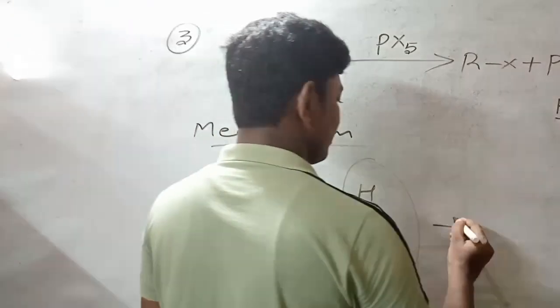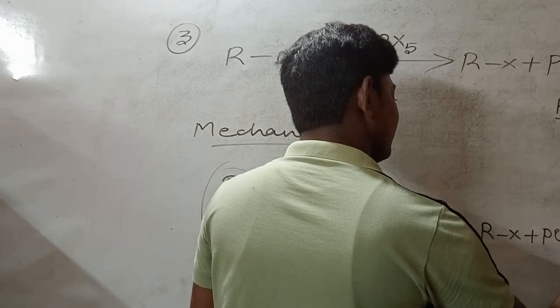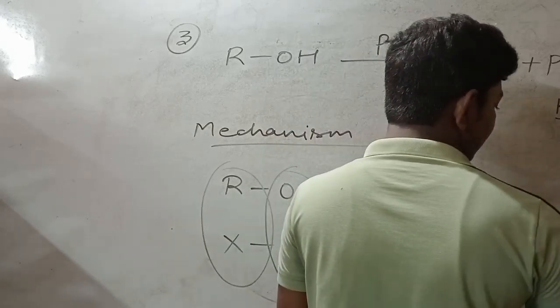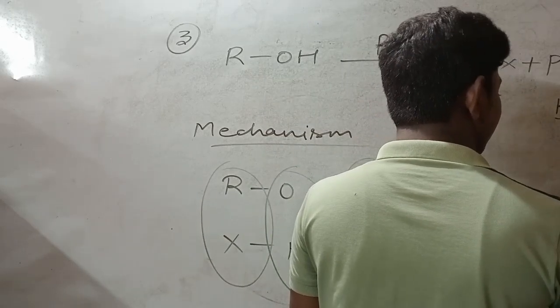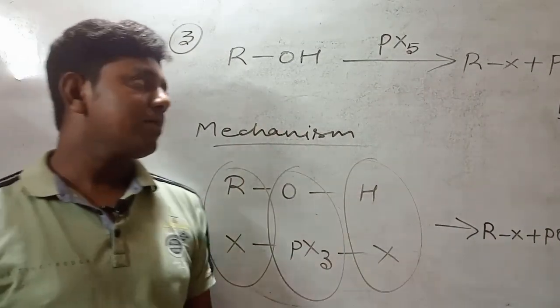So RX, POX3 and HX. Let's see some examples based on this.